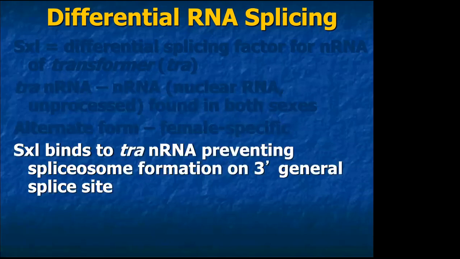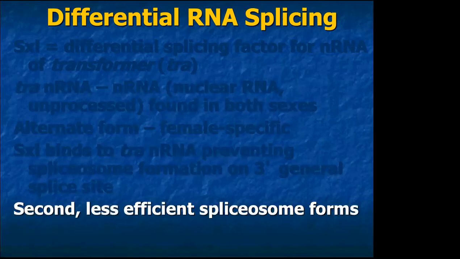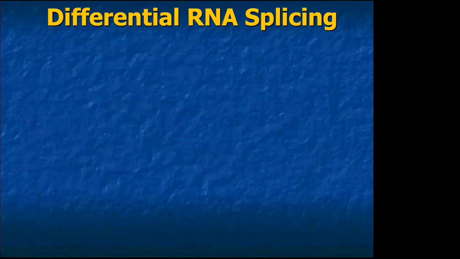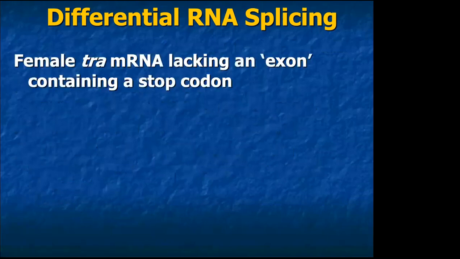Sex lethal binds to the TRA nuclear RNA, preventing spliceosome formation on the 3' general splice site. A second, less efficient splice site is utilized. The female TRA messenger RNA lacks an exon that contains a stop codon.